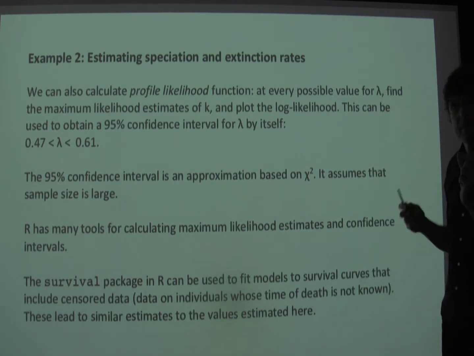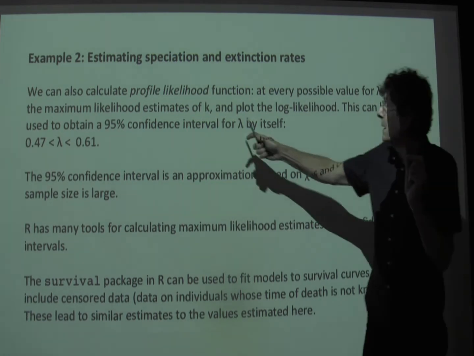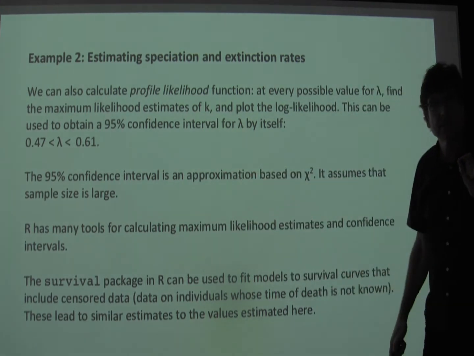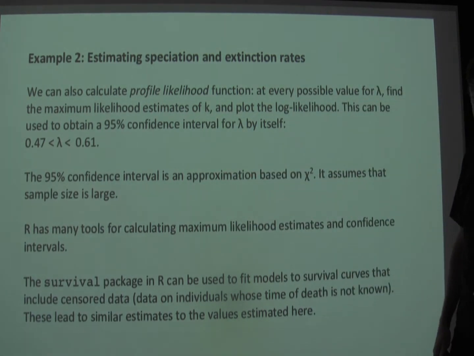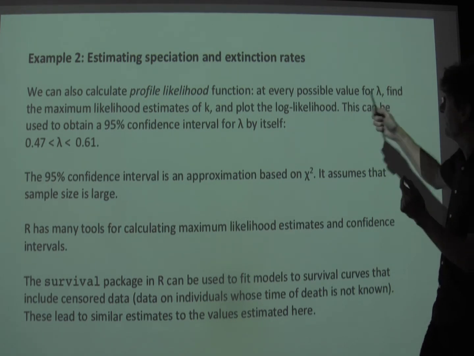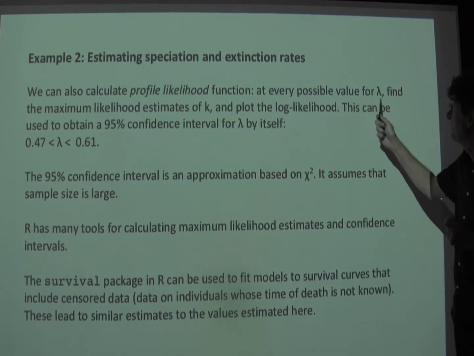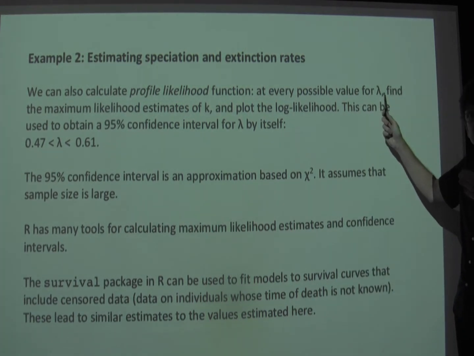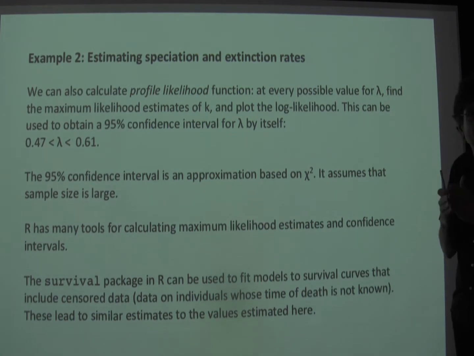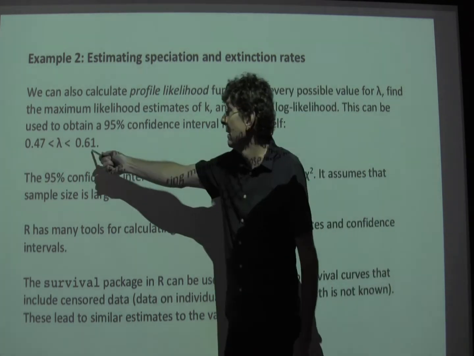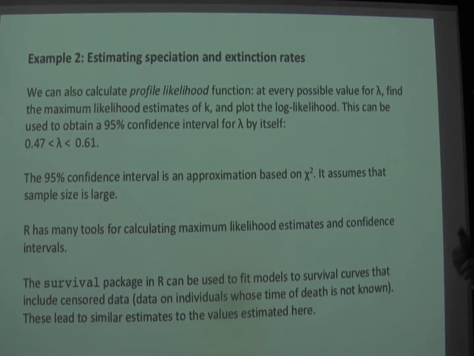But for every value of lambda that we try, we calculate the log likelihood of that particular value of lambda when k is set to its maximum likelihood value. So we fix lambda, we vary k and find the k that maximizes the likelihood, and we say that's the profile log likelihood of lambda equals that particular value. And we do that for all possible values of lambda. And so then we get a two-dimensional curve like we saw before. And in this case, the profile likelihood 95% confidence interval is 0.47 to 0.61.